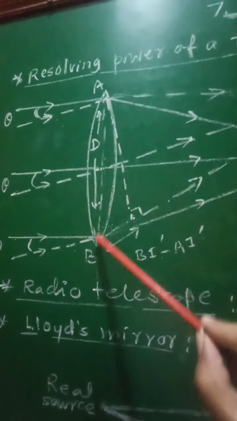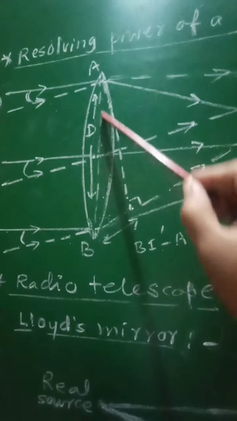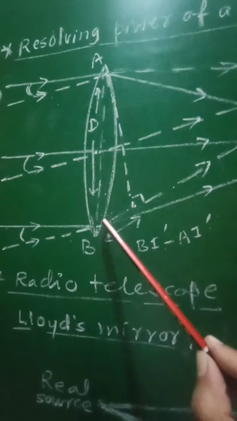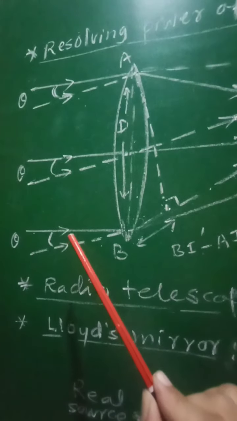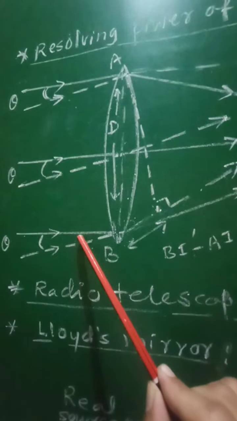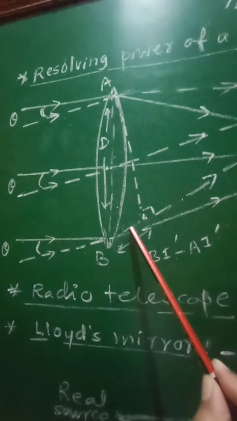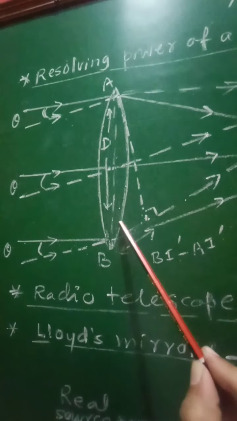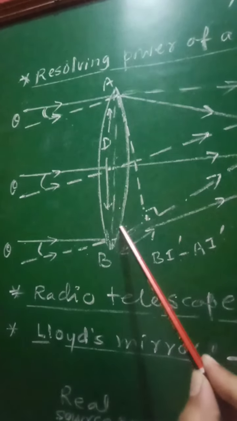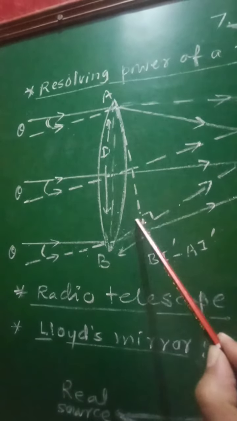D is the diameter of this objective that will be acting as hypotenuse for this triangle, because here it is perpendicular. Then the angular separation theta is there. As this angle is theta, the angle opposite to it is also theta. If this angle is theta, then inside this triangle, this angle will be 90 minus theta. This is already 90.